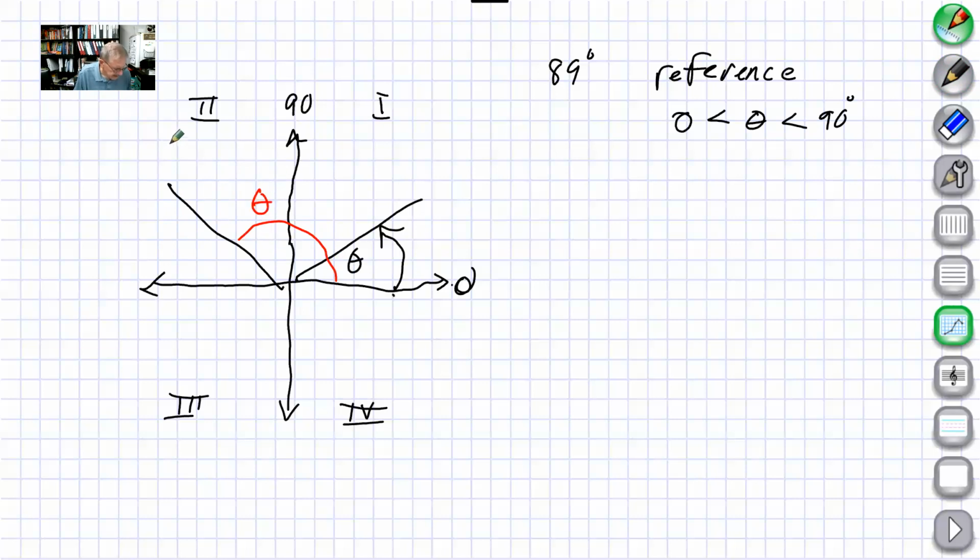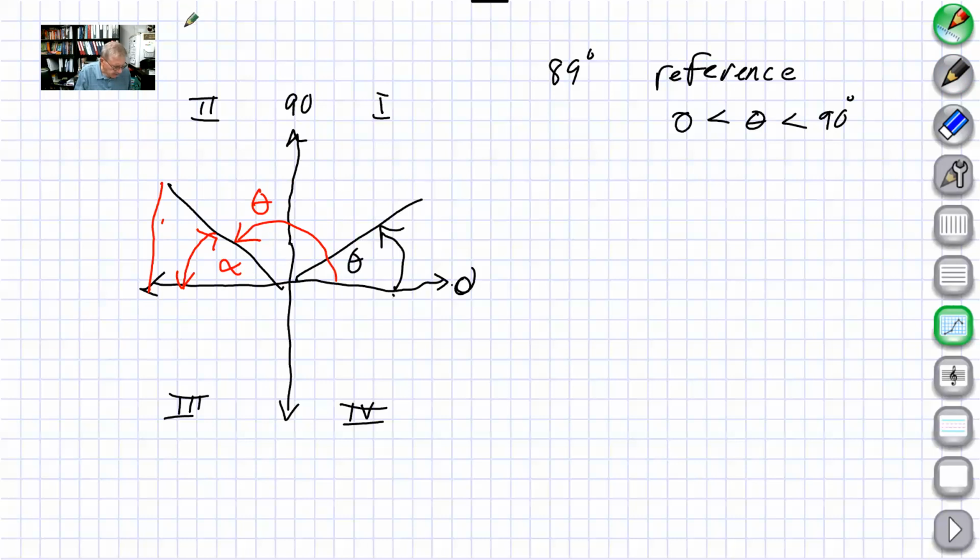But what we want is this angle right here as our reference angle, because we always draw down. It's a small angle compared to this big angle right here.